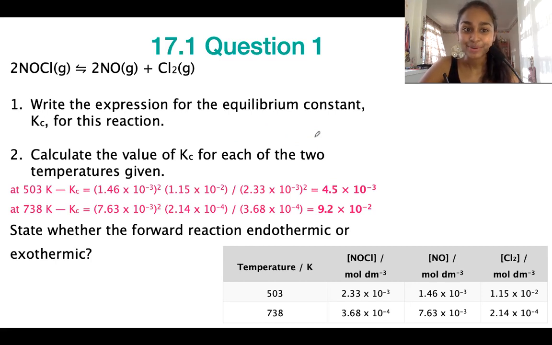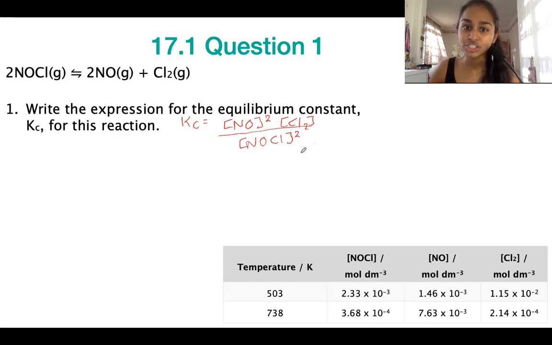So for the next question, you are asked to calculate the value of Kc for each of the two temperatures given. So what I want you to realize is that now you've got a formula to calculate Kc because you've written down the equilibrium expression. So by substituting the values in, you can work out Kc.